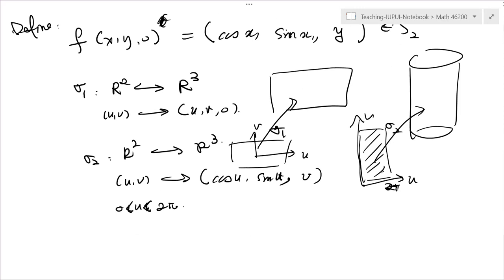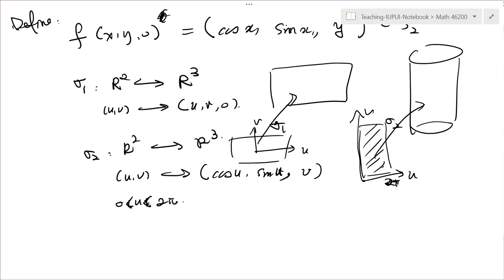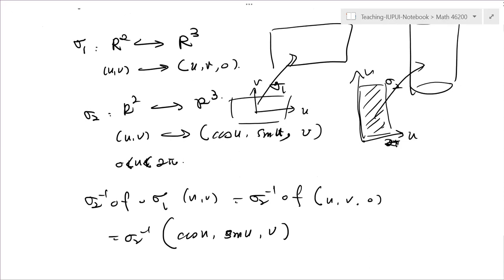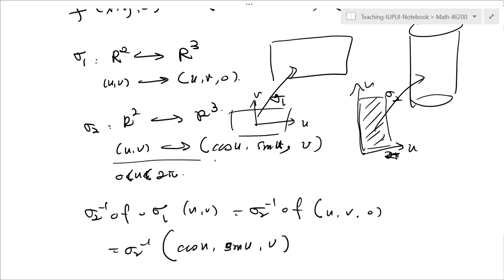All right, so now you can talk about the inverse, right? The map (U, V, 0), according to our definition, goes to (cosine U, sine U, V).